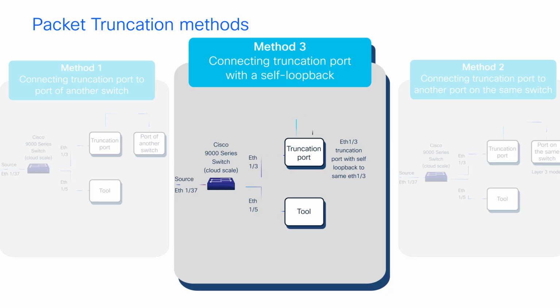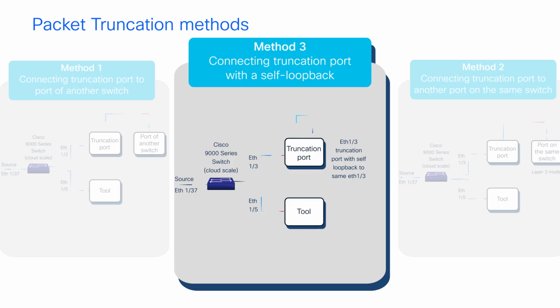In the same example here, we have packets coming on Ethernet 1/37, and we want to truncate them and then send them to the tool. And we have Ethernet 1/3 as the truncation port. The way we make Ethernet 1/3 up in this case is that we don't need to identify a dummy switch like method 1, or burn any other port like method 2.